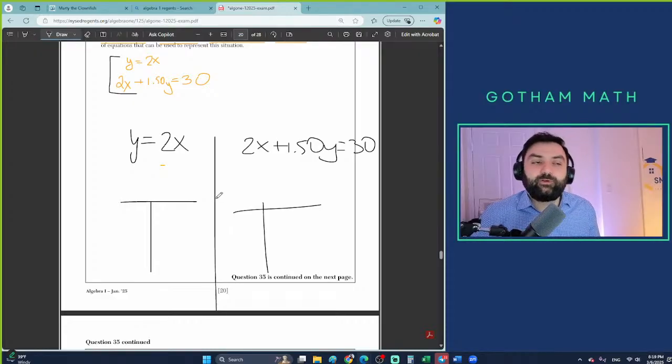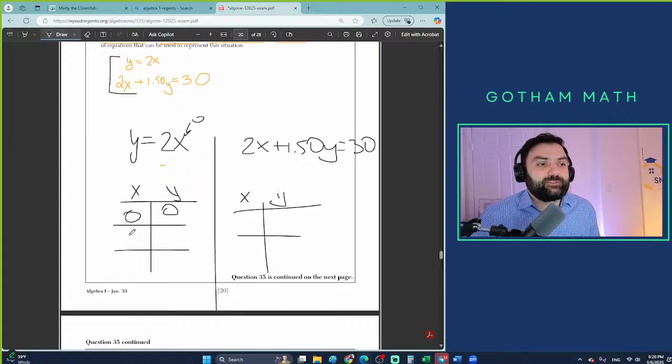All right, so T-table. I like doing T-tables. If X is 0 in the first one, by plugging in 0 here, I get 2 times 0, which is 0. If my X is 1 and I plug in 1 there, Y will be 2. I can make as many points as I want, but I only need 2.